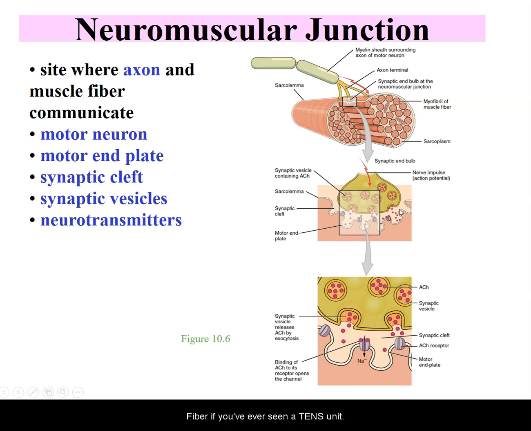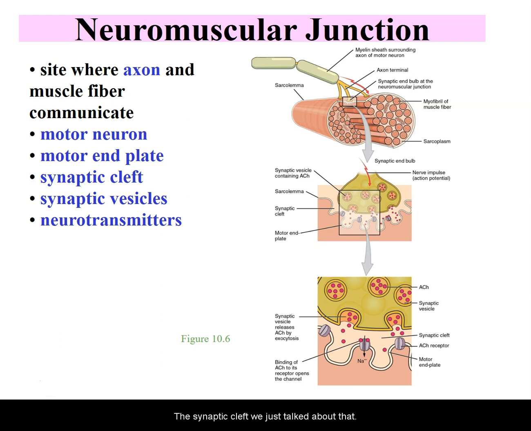If you've ever seen a TENS unit, that's a unit a person might wear for pain relief, or an EKG, it has many leads from one cable, and that's pretty similar to what happens here in the telodendria, where you have collaterals and telodendria of that motor neuron.